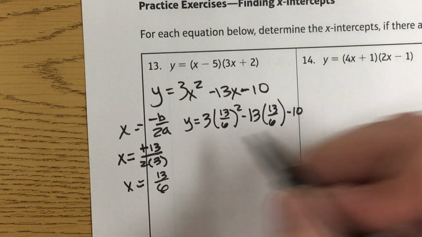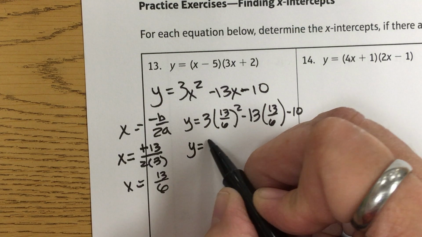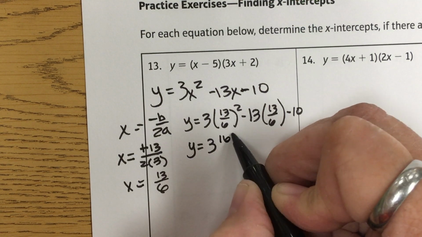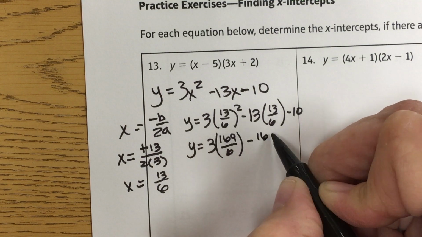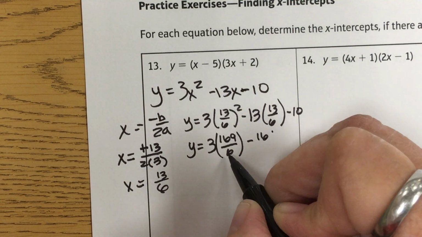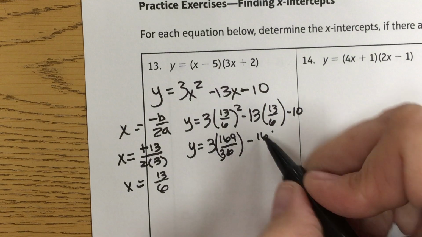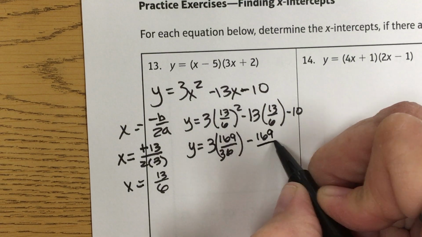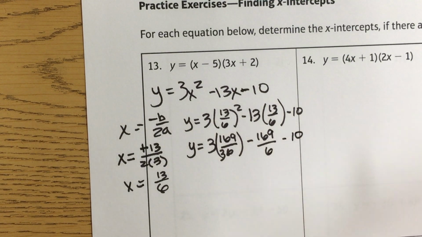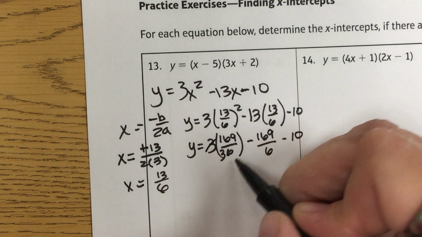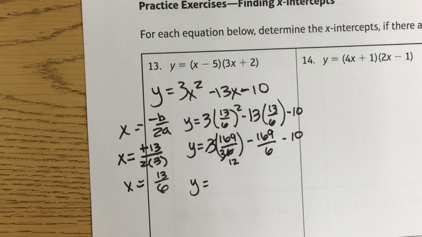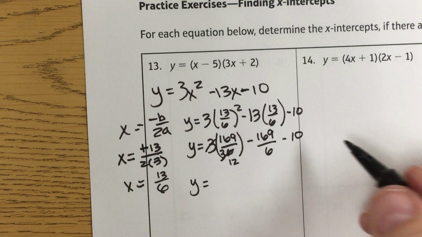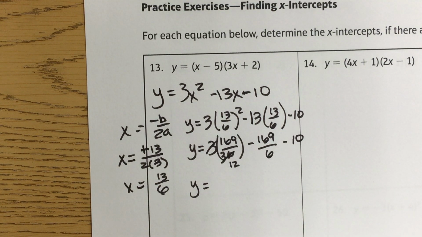But we are finding great numbers with your fractions. 169 over 12 minus 13 over 6. Ooh, did you see me do that? That's 36. 169 over 6 minus 10. So 3 goes into 36 12 times, so we need a common denominator of 12. Well, that means I need a calculator. So let me get one of those.